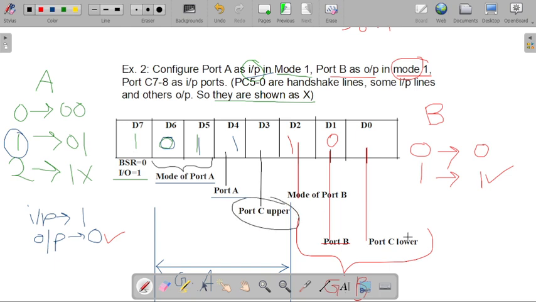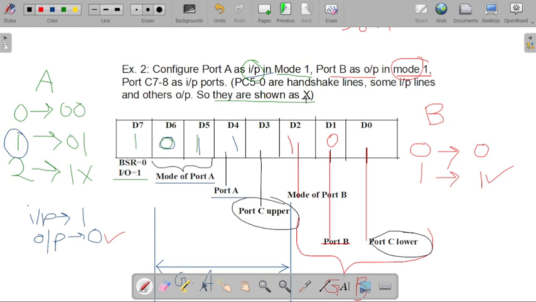So how will these bits be set? According to our example, we have to set port B and port C as well as our port A. We have now set port A and port B structure according to the mode of operation and their values according to their input and output condition.